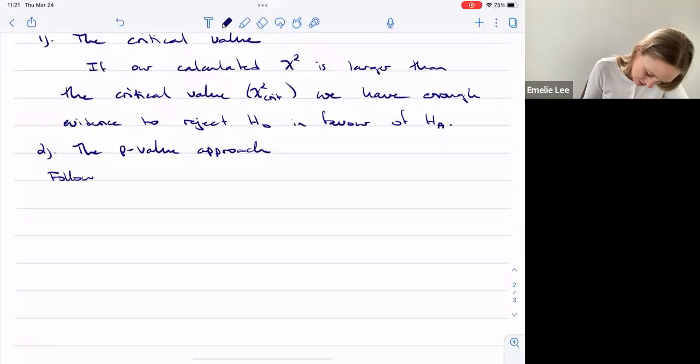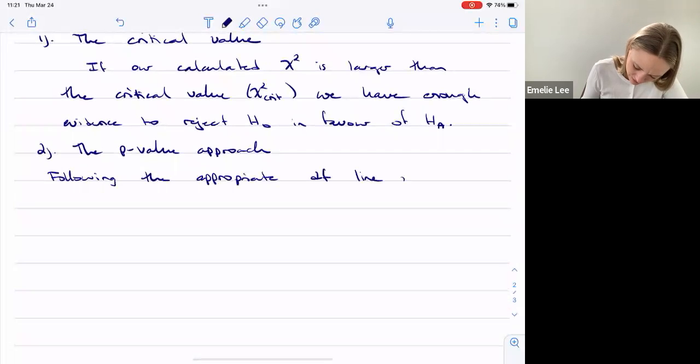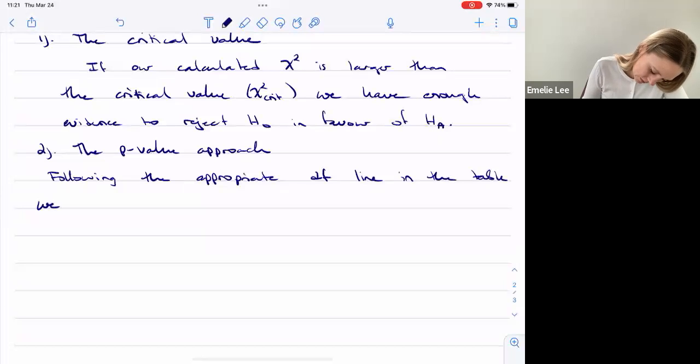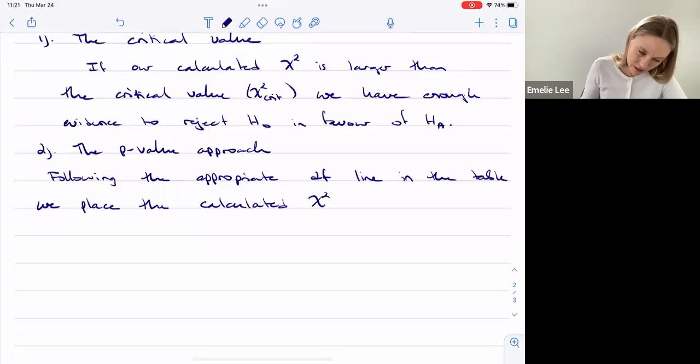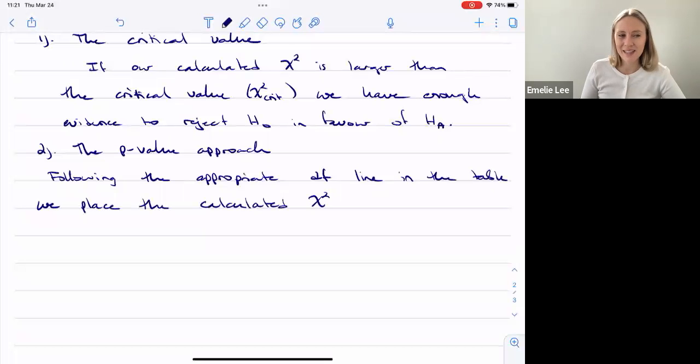Following the appropriate degrees of freedom line in the table, we place the calculated chi-squared test statistic where it belongs on the number line.